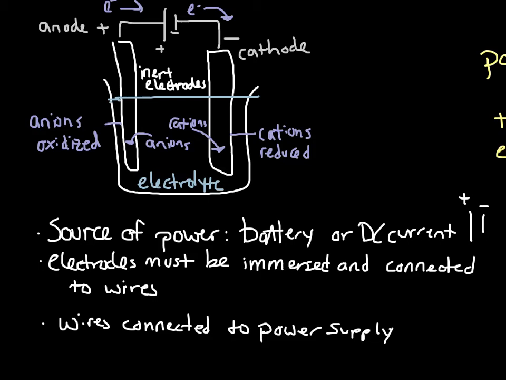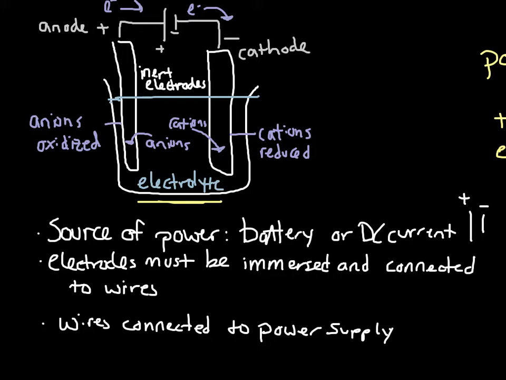Here is a generalized picture of what an electrolytic cell looks like. It's different in that a voltaic cell has two half cells. This one is just one electrolytic cell. Some key areas to look at. So we still have our glass beaker. Within there we have our electrolyte. So our electrolyte is that molten salt or ionic solution that we're looking at.